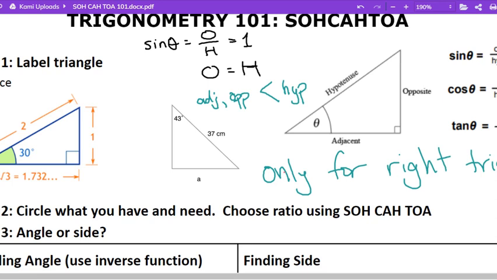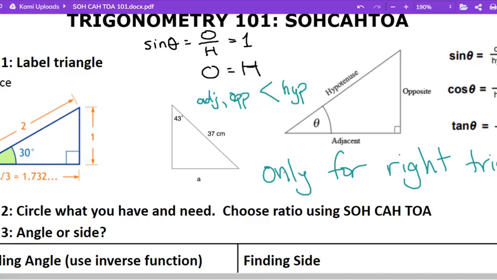Now, what if the opposite and adjacent sides are 2 centimeters and 2 centimeters? The angle is going to be 45. But what if my opposite and adjacent are 200 kilometers and 200 kilometers? What's the angle? Still 45.